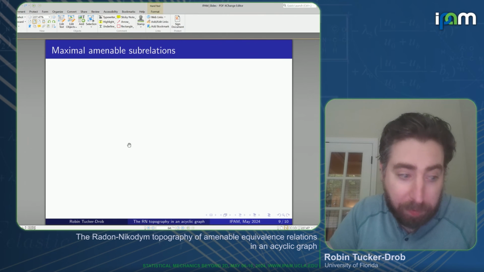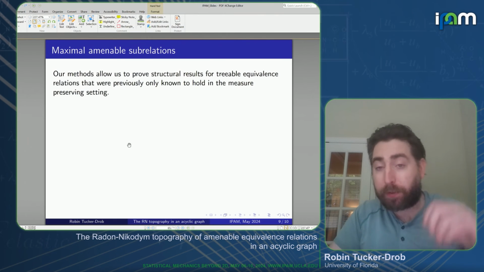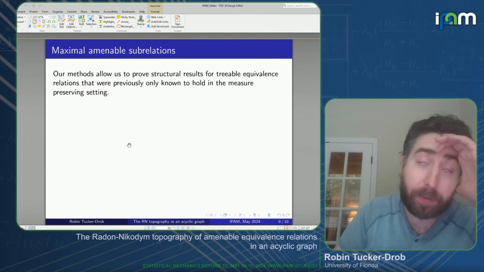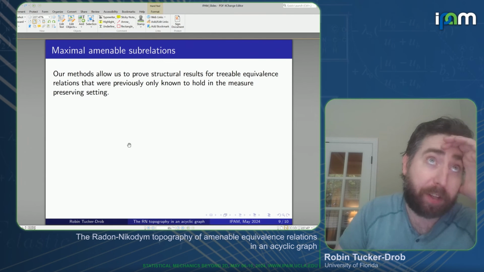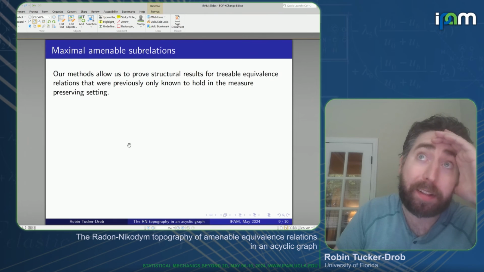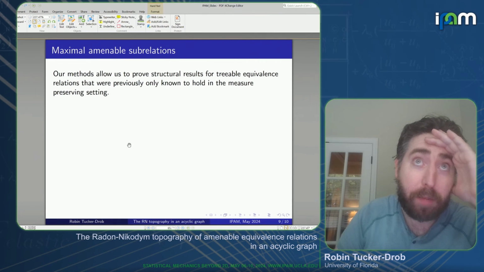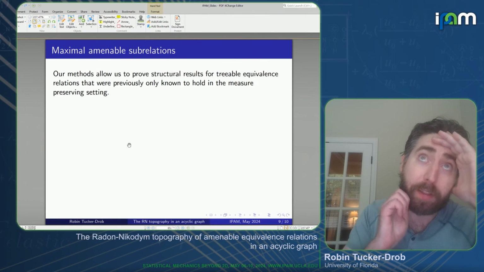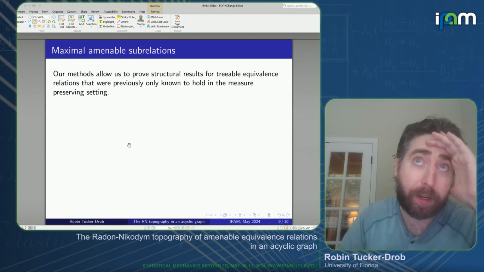But here, let me give a taste of what we are able to show. These are things that were proved in the measure preserving setting. I'm attributing it to Adams. As far as I can tell, the things I'm about to write are not explicitly stated in Adams, but similar things were stated.